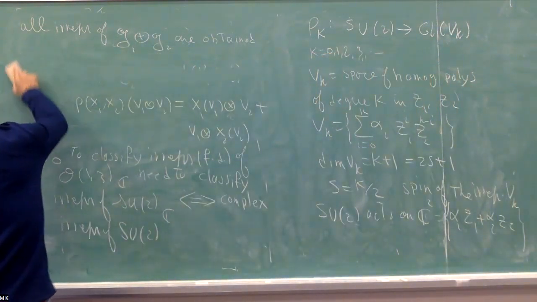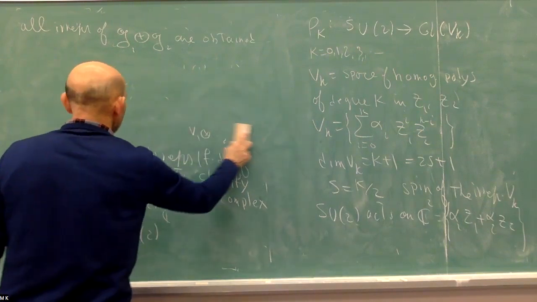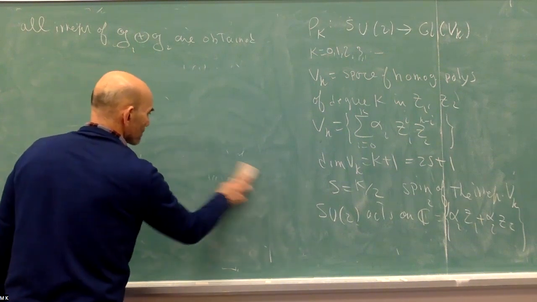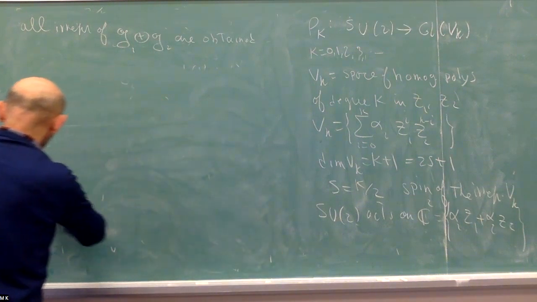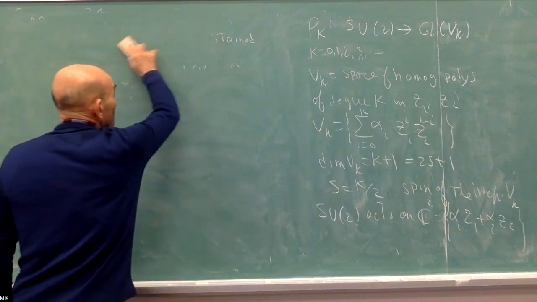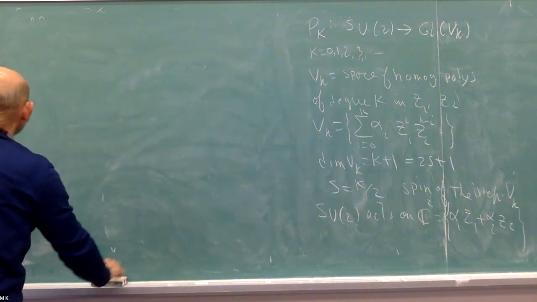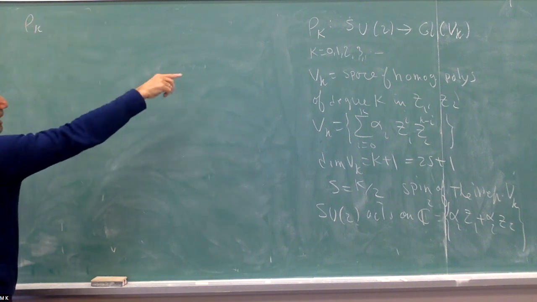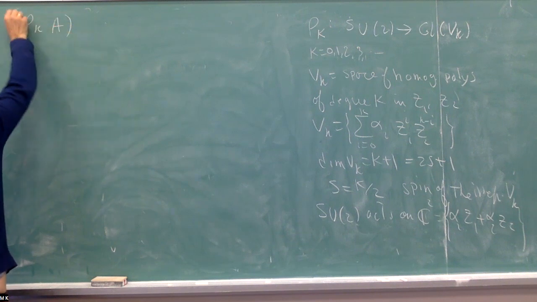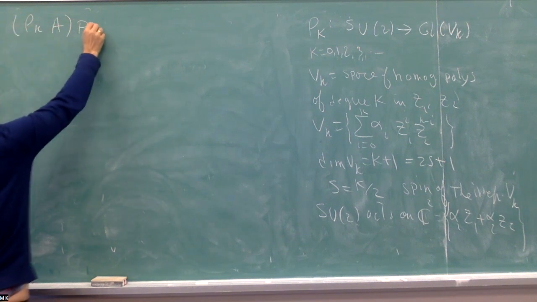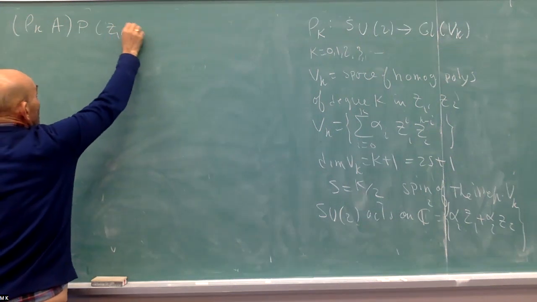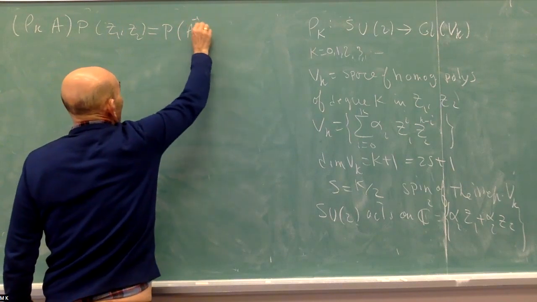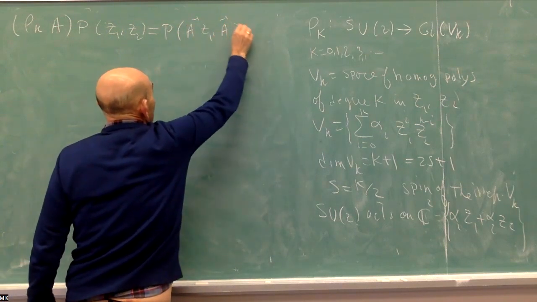So if this is rho k, and I have a matrix A, how does it act? Rho k of A acting on a polynomial P, its value at Z1, Z2, is P of A inverse of Z1 and A inverse of Z2.